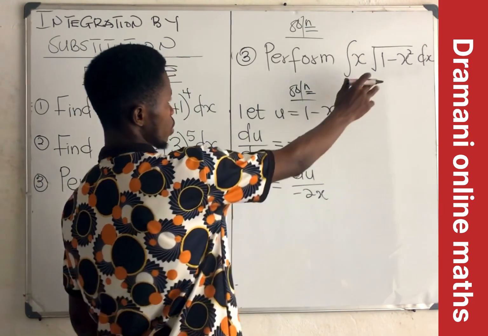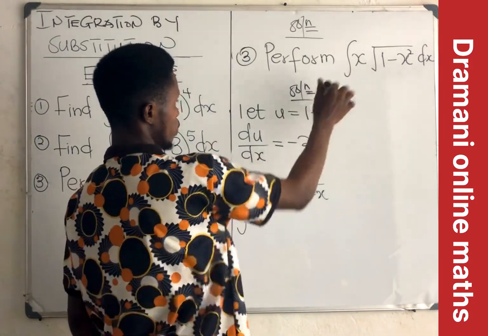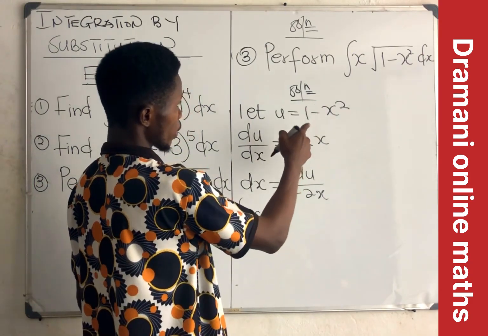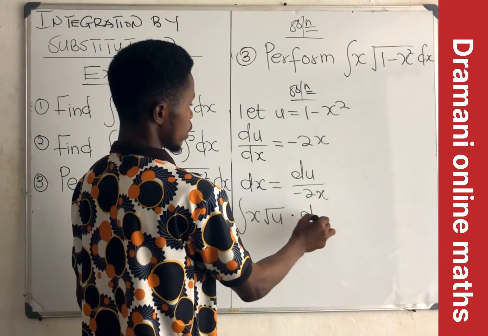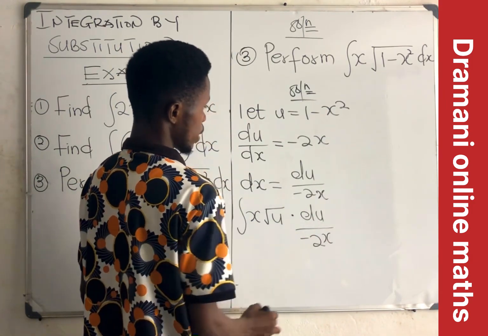Now you substitute everything here. You come back: the integral of x times the square root of 1 minus x squared is now root u multiplying by du over negative 2x.